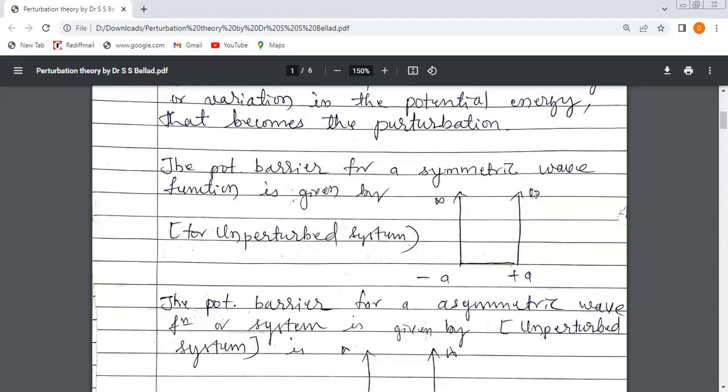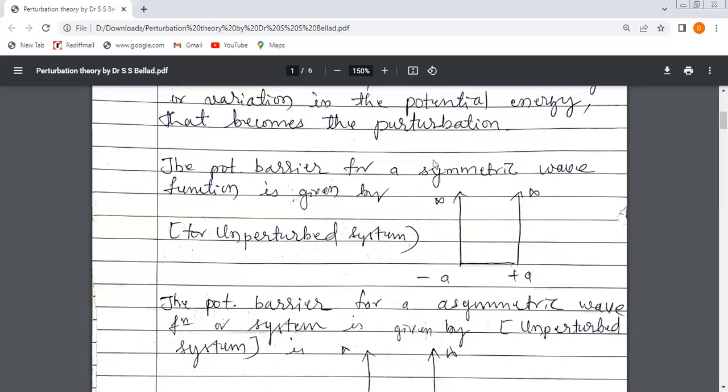Here we have shown this as infinite. The height is indicated here as infinite. The meaning of this is that this is a potential barrier of infinite height. So here the height of the potential barrier is infinite. So that is the meaning.